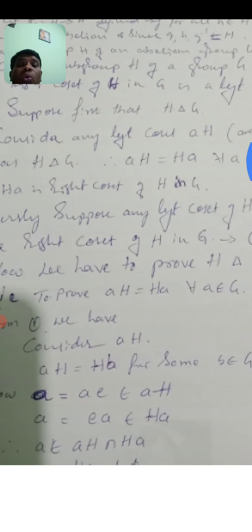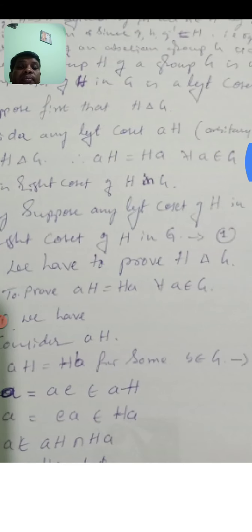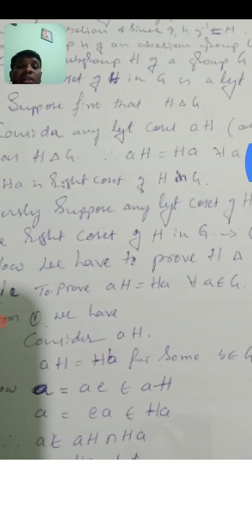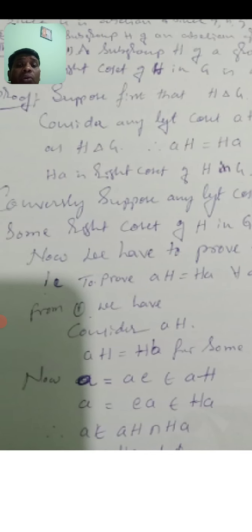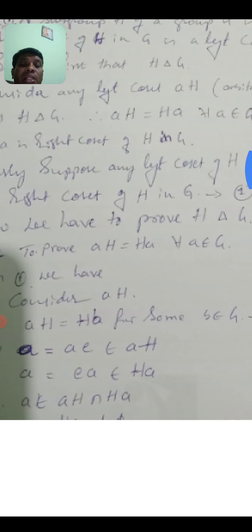Its converse part: conversely, suppose any left coset of H in G is equal to some right coset of H in G. This is already known by the definition of left coset and right coset.